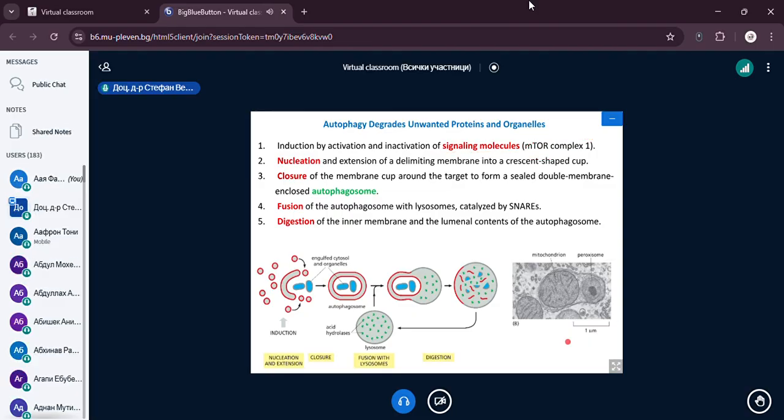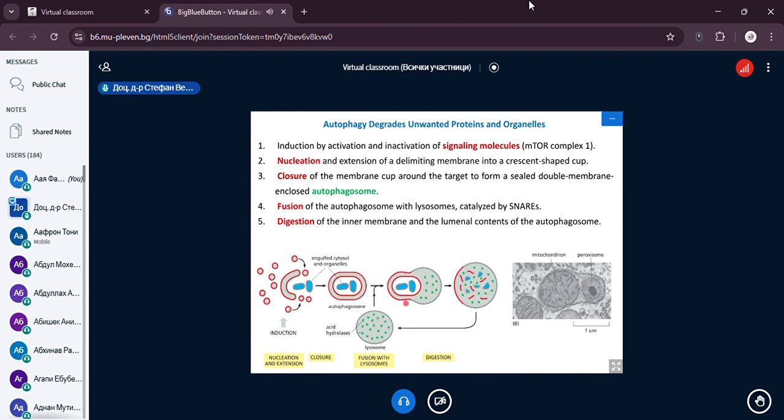And when the signal comes, what is being degraded by the cell is initially surrounded by a double membrane which is produced from the smooth endoplasmic reticulum. The initial process of the formation of this wrapping structure is called nucleation, and then gradually this structure grows and encloses the autophagosome, and this process is called closure of the autophagosome. And then primary lysosomes come here and deliver the lysosomal enzymes.